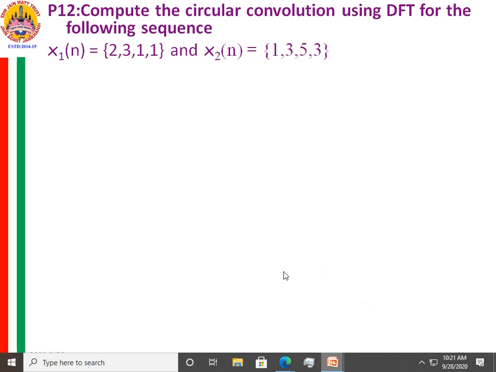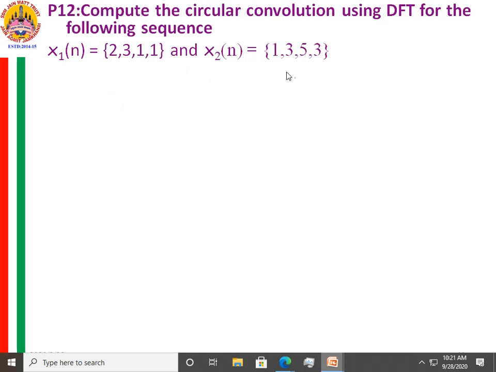So now let us do it for the same example which we have just now solved using circular approach. We will solve it by using DFT. Now by using DFT to obtain the circular convolution, we should first find the DFT of x1 of n, that is x1 of k. Then the DFT of x2 of n, that is x2 of k.